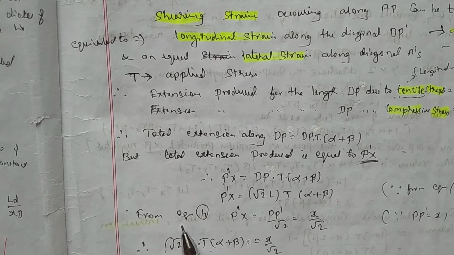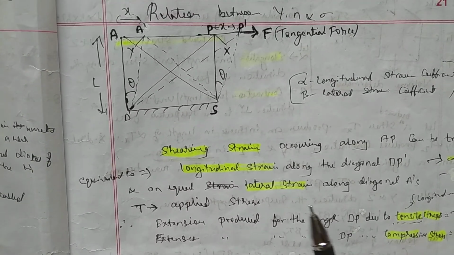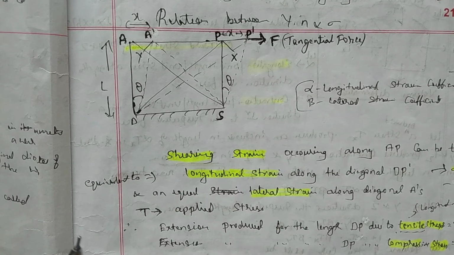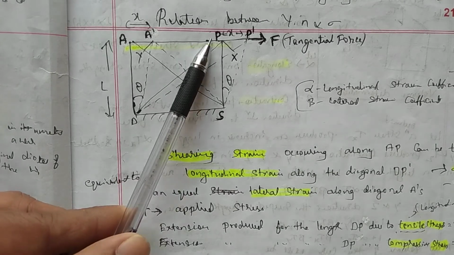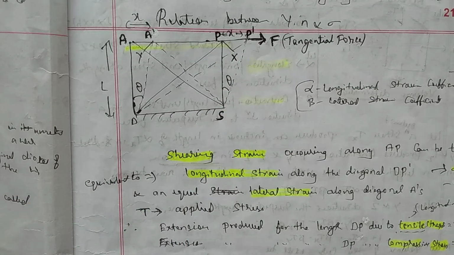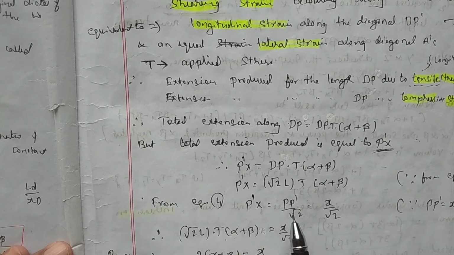Now from equation 4, also from the previous case, P dash X is equal to PP dash by root 2. So we can observe here P dash X is equal to PP dash divided by root 2, which is nothing but x by root 2.